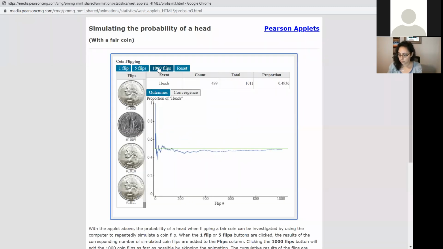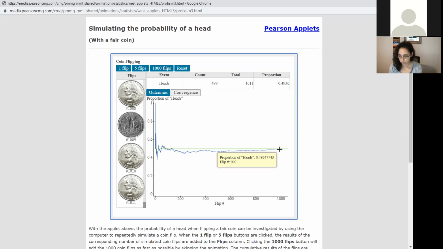I'm going to flip it 1,000 times. And these are all the probabilities or proportions that I'm getting. As you can see, it's getting closer and closer to 50%. 0.49-something, which is close to 50%.